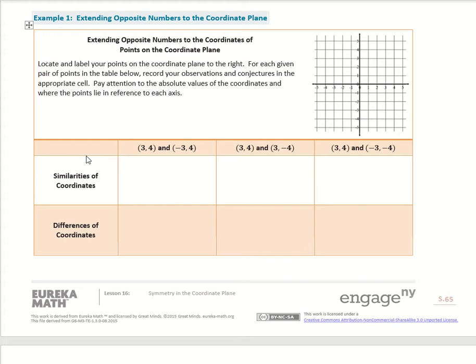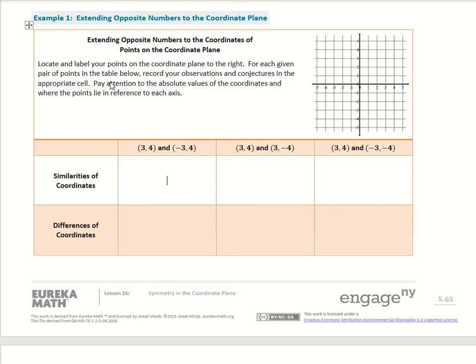So, for example, 8 and -8 are opposite numbers because one of them is 8 units to the right of 0, and -8 is 8 units to the left of 0. We're also going to be focusing on our coordinate plane, a concept that we really got into using last lesson. So we're going to be looking at this coordinate plane, and we're going to be talking about opposite numbers.